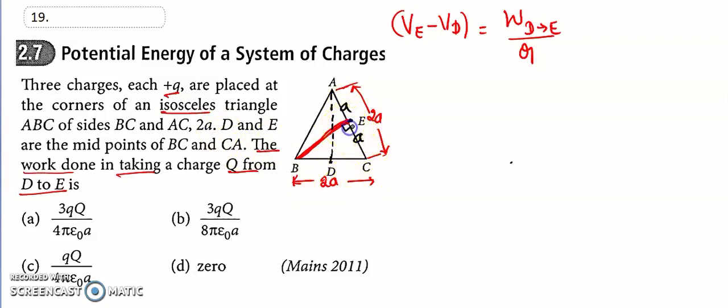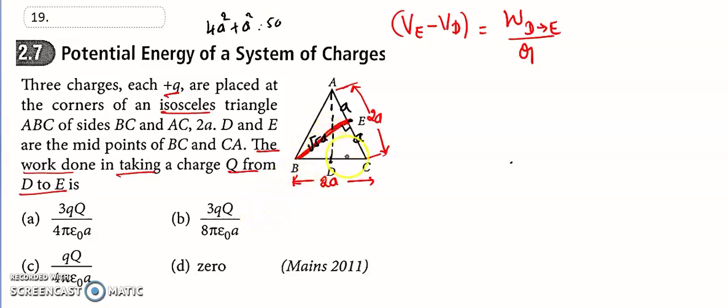This is a right triangle, so this is 2A squared and this is A squared, that is equal to 5A squared. So this distance is equal to root 5A.